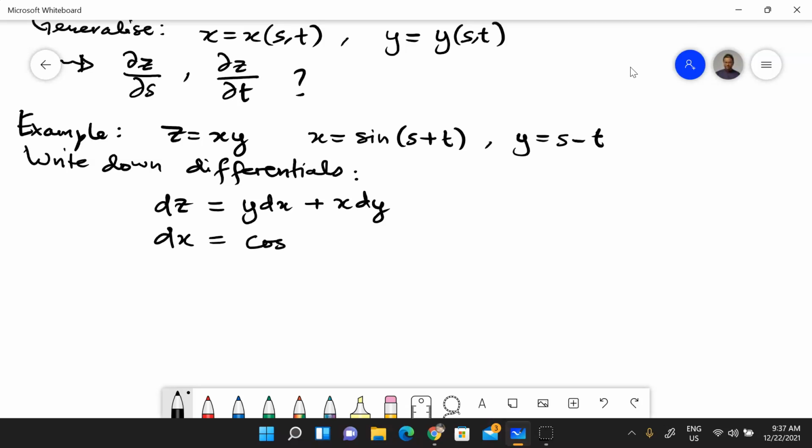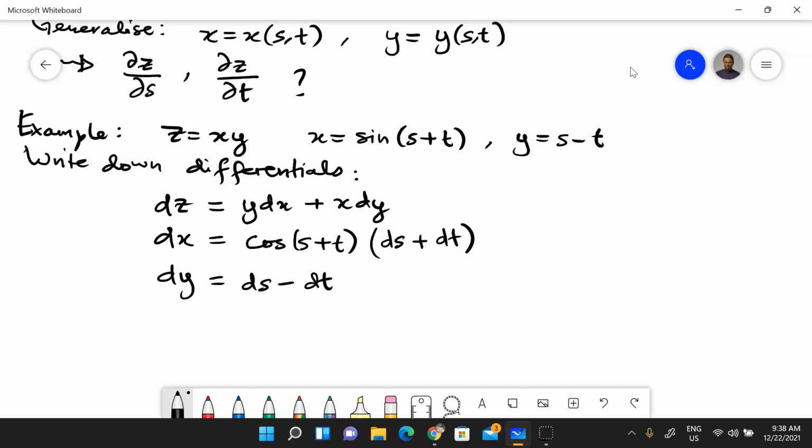So you have cos of s plus t, and then remember you have to also differentiate the variables inside here. So when I say differentiate, I mean take the differential of each of the terms. So here, taking each of these terms, I will have ds here, and then the other term will be dt. And the last one is quite easy. It's going to be ds minus dt.